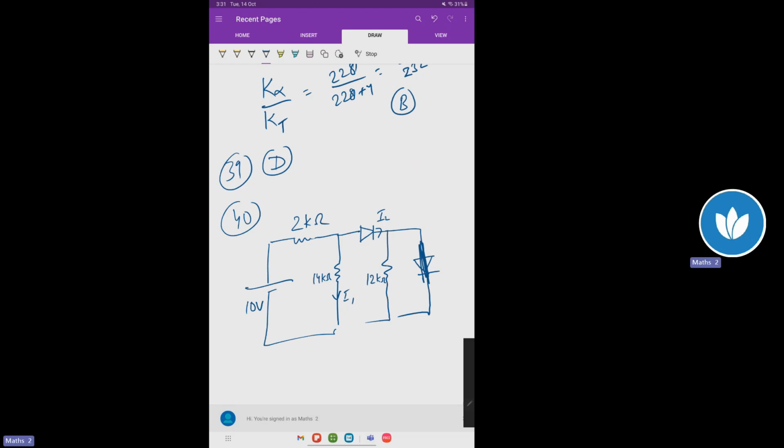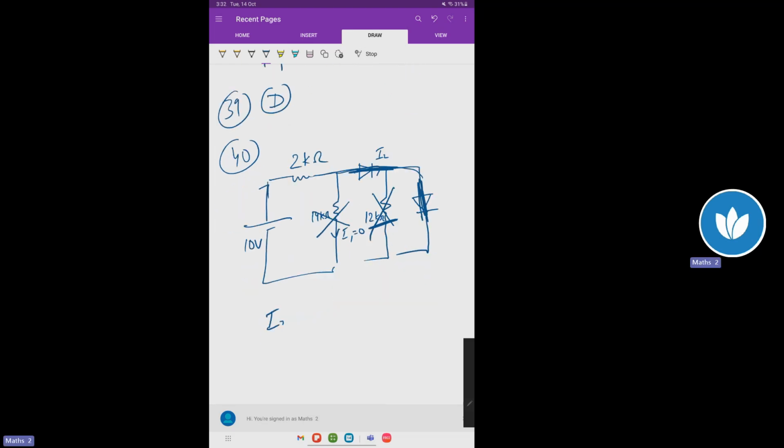So there will be no current in 12 kilo ohm, no current. And again, they are short circuited. So no current in 14 kilo ohm resistance. So I1 is 0, and I2 is the net current in this circuit. So I2 is 10 upon 2 kilo, so 5 milliampere. I1 is 0 and I2 is 5 milliampere. Option D.